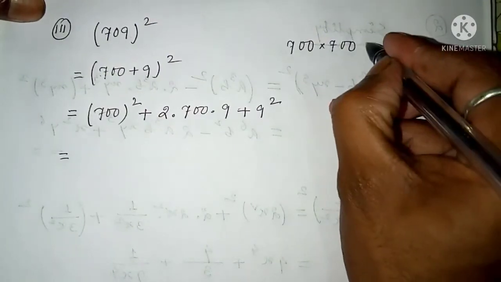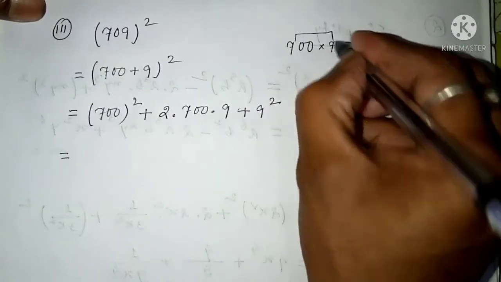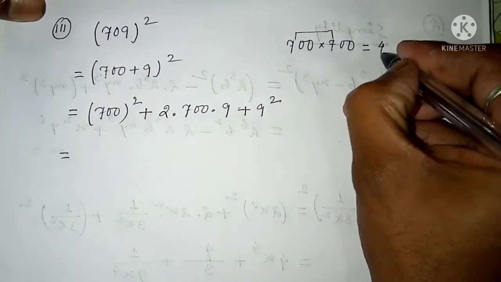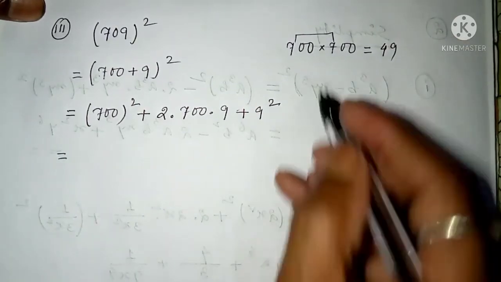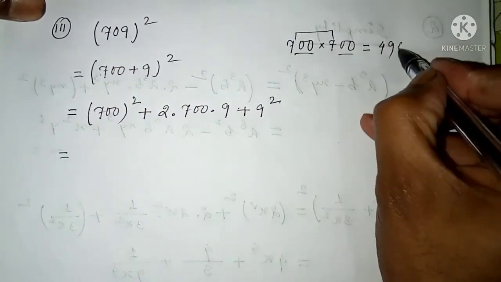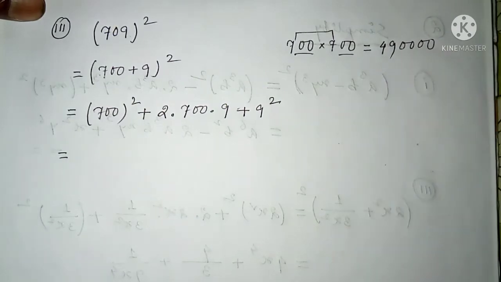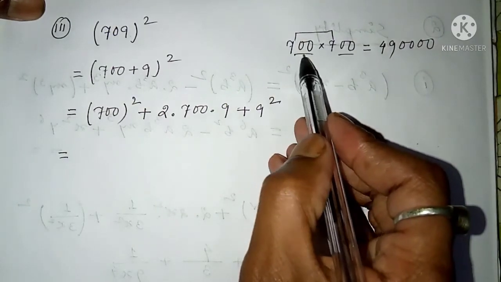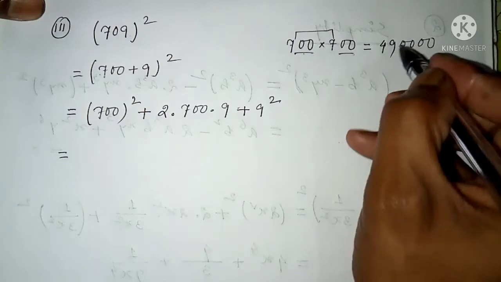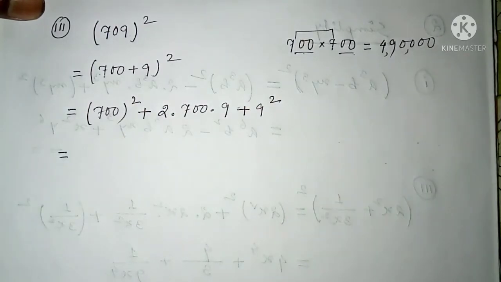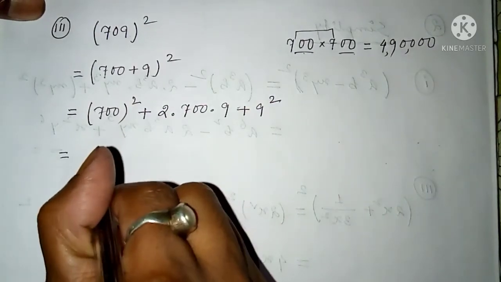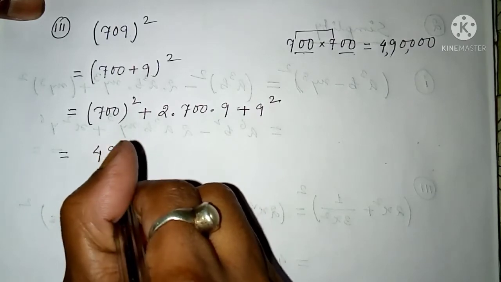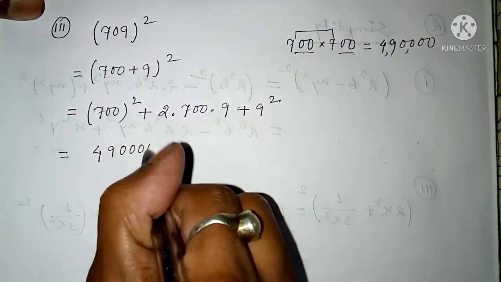You multiply 7 into 7, that is 49. 2 zeros from here, 2 zeros from here, you just write 4 zeros. So this is 490,000. It's very easy to multiply.